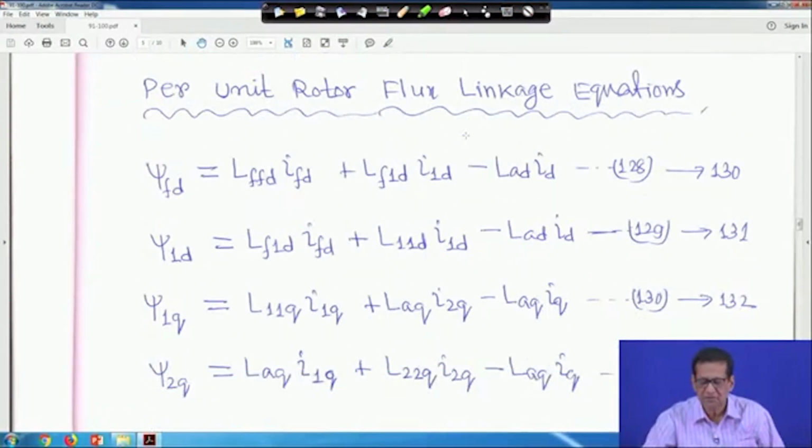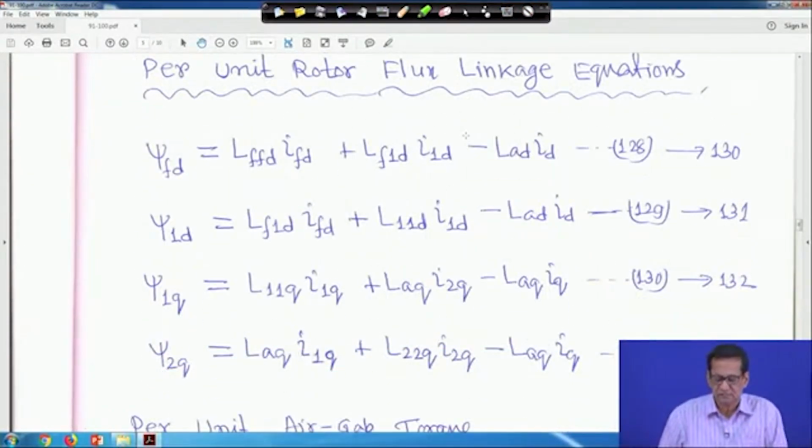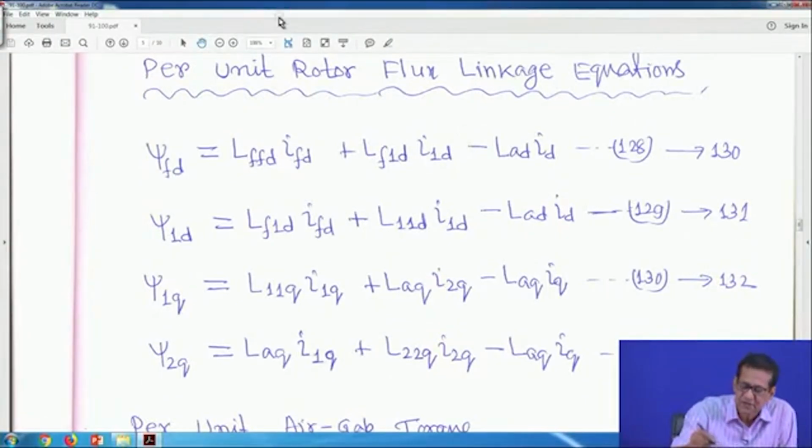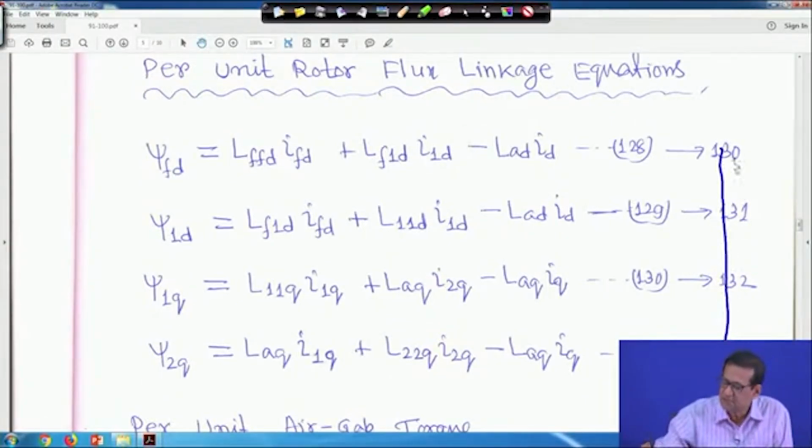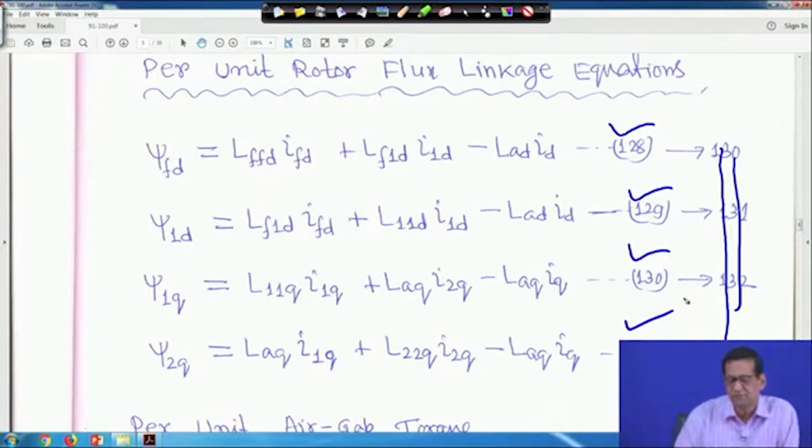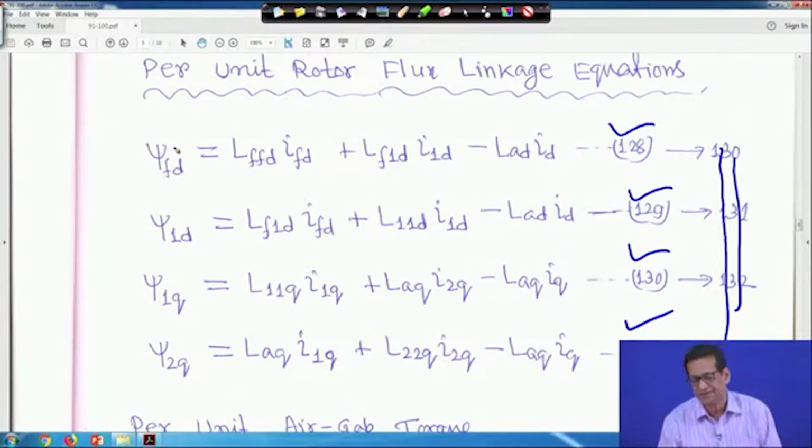Similarly, per unit rotor flux linkage equation. In this case, this one also you should not see, only you will see this equation number. So, psi FD is equal to L FFD IFD plus L F1D I1D minus LAD ID. This is summary only, but everything is in per unit, but bar has been removed, right. And psi 1D is equal to L F1D IFD plus L 11D I1D minus LAD ID, right.